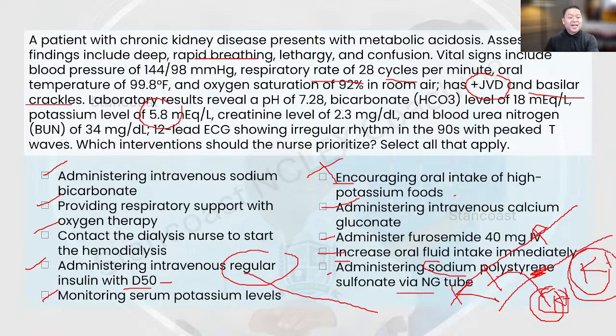And then we're also going to have to evaluate for those critical interventions, let's say administering the IV sodium bicarb, also administering the calcium gluconate to prevent the cardiac dysrhythmias, and also administering the furosemide IV to get rid of the excess potassium. What else?